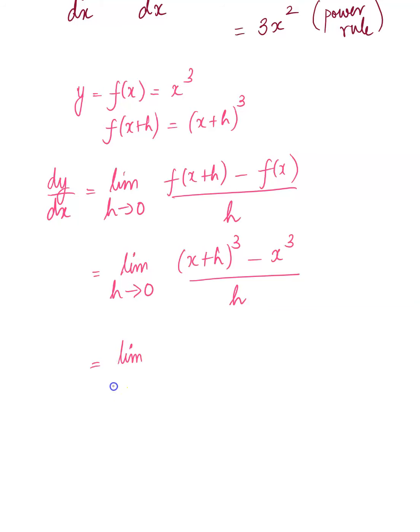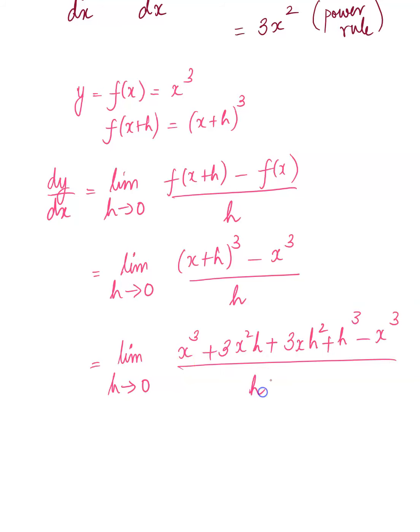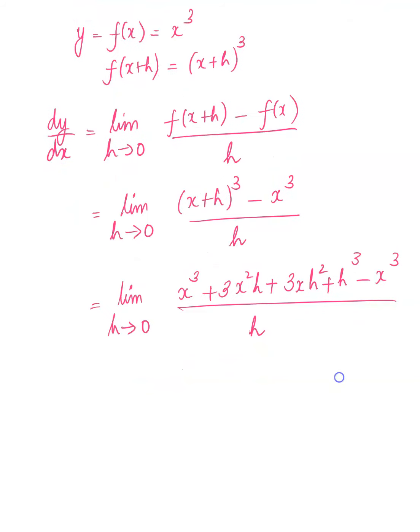And that comes out to be, well, it's a cubed, so x cubed plus 3x squared h plus 3x h squared plus h cubed, sorry, minus x cubed, all over h. This is how the formula works.